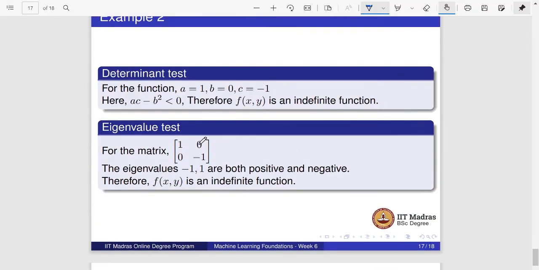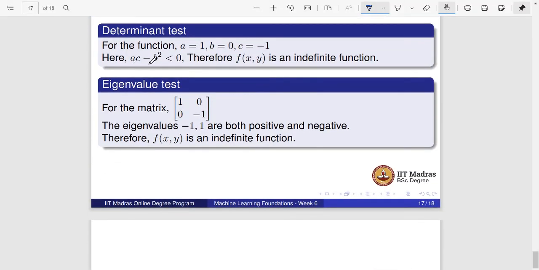We will also perform the determinant test. So the determinant test also says that it's an indefinite function. If we calculate the eigenvalues, we'll see that there are two eigenvalues. One is negative and another one is positive, and that also confirms that this function is an indefinite function.